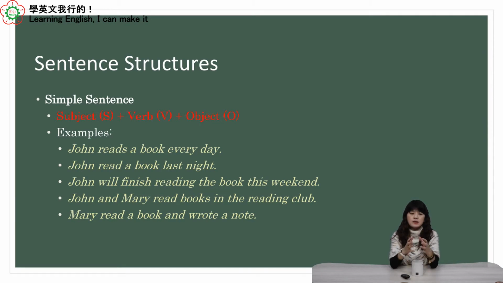So we still consider this a simple sentence. A book and a note are both objects in the sentence. This is the idea of a simple sentence.